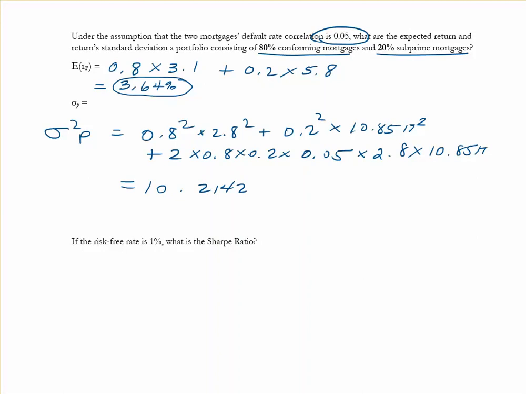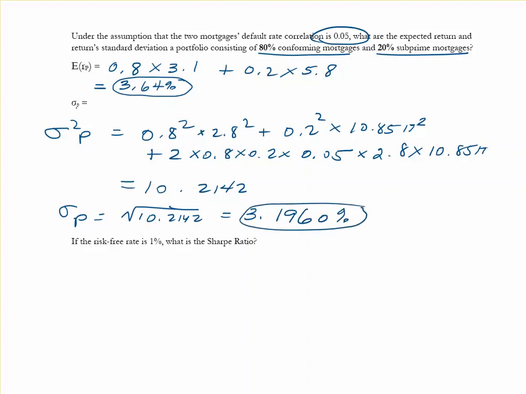Notice that's not in percent, but when I take the square root, only one of the percents will be left over, and I get 3.1960% for the standard deviation of this portfolio.